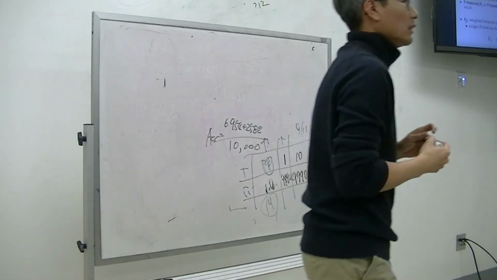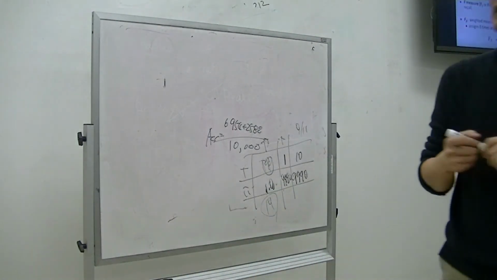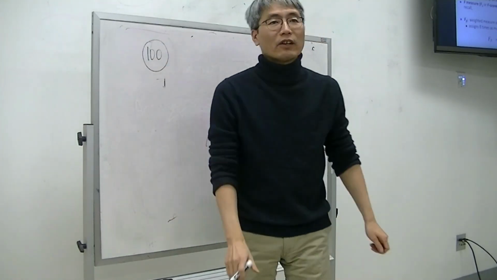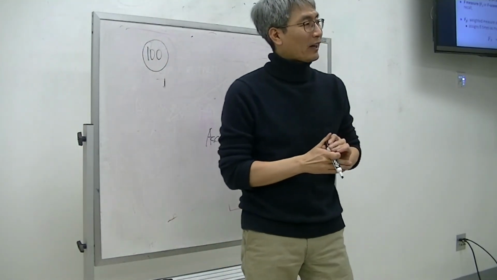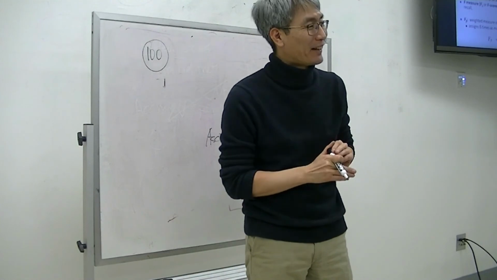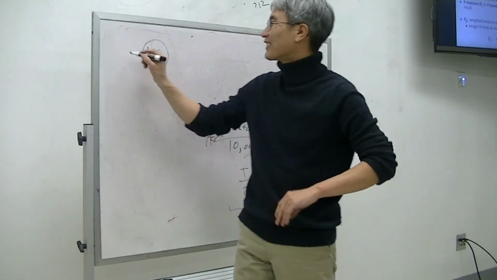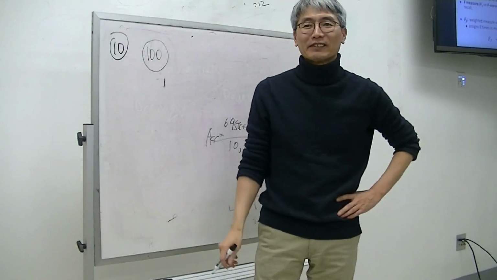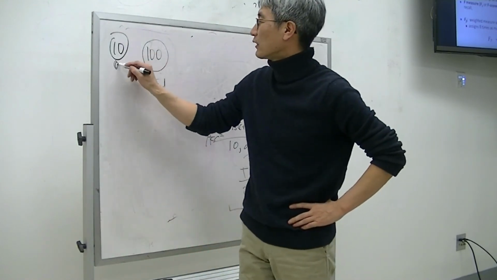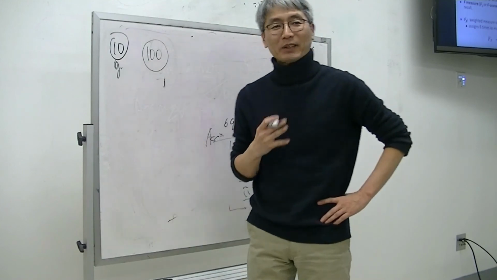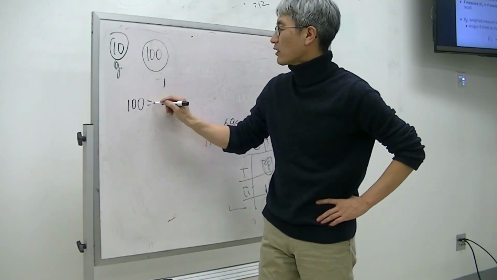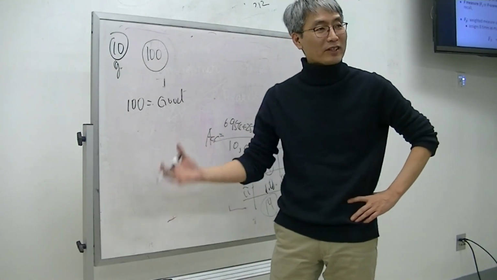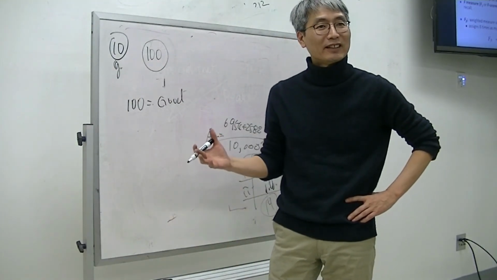Let's say among 100 students I'd like to classify good students and bad students. There are 10 good students. So 10 of 100 are good students. I predict all 100 as good students. In terms of accuracy, what is the accuracy?